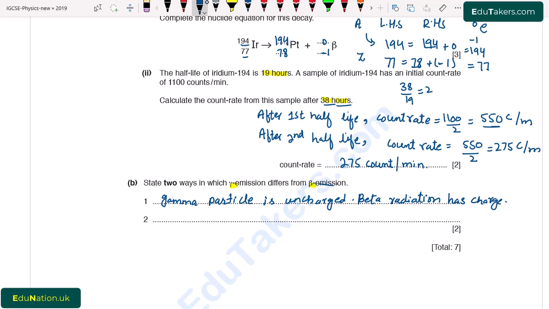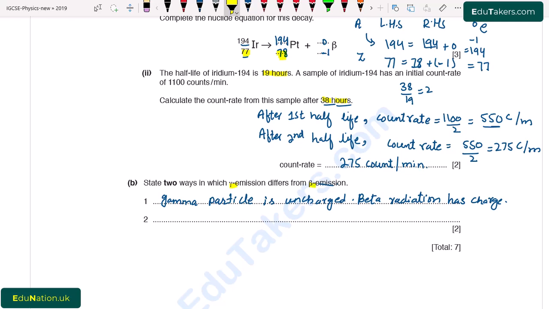The second difference is that when an element undergoes gamma emission, there will be no change in atomic number. But when an element undergoes beta emission, there will be a change in atomic number, which means that the number of protons changes. You can see from here, it is 77 and it is 78. It means that the number of protons changes in beta emission while it remains the same in gamma emission.